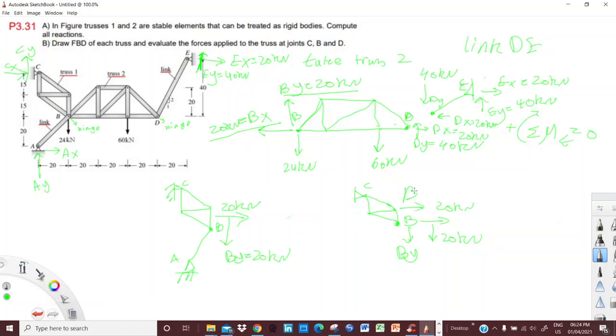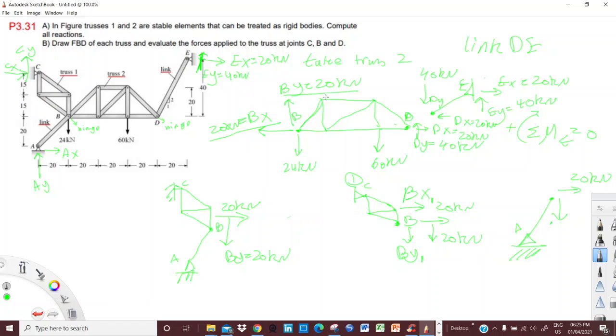This is part one. I can say by, and if I split the structure at A, this 20 kilonewton will remain the same for both, downward.